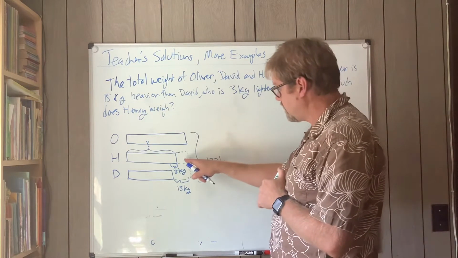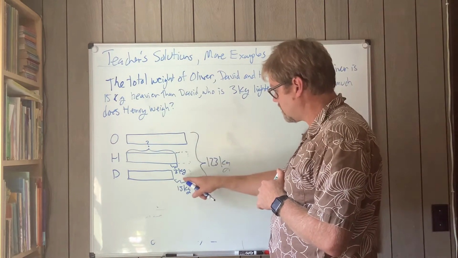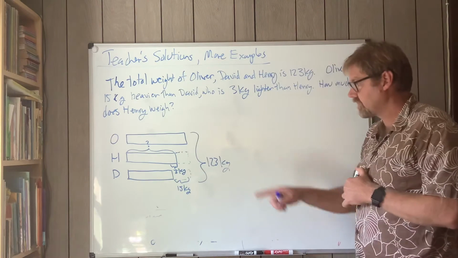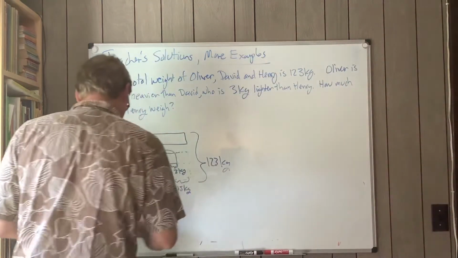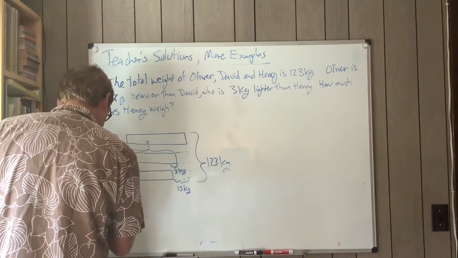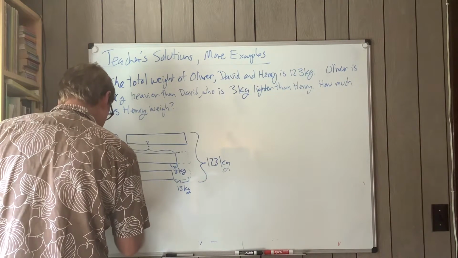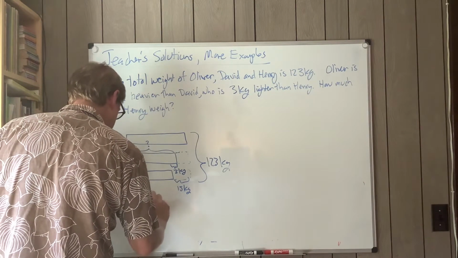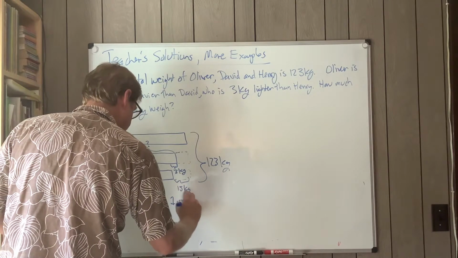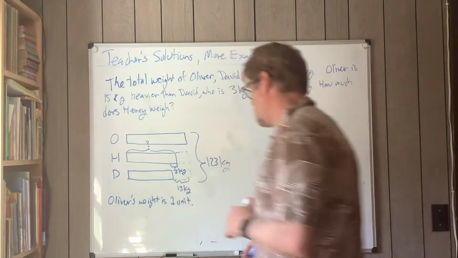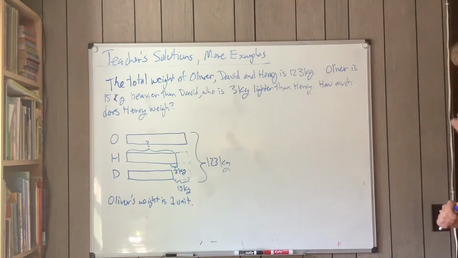Okay, so what I want to do is if I have these little amounts here, then I have 3 that are equal amount. So what I'm going to do is I'm going to say Oliver's weight is called 1 unit. All right.